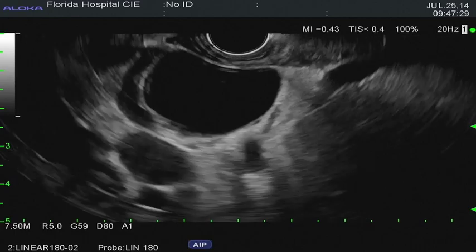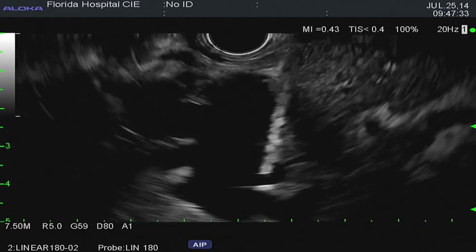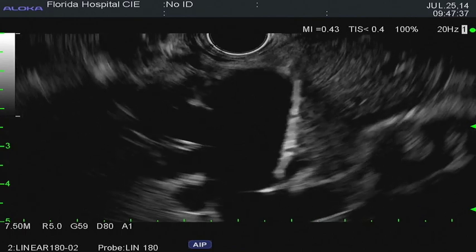The extrahepatic duct was identified from the gastric body and traced towards the liver hilum, confirming both extra and intrahepatic duct dilation.